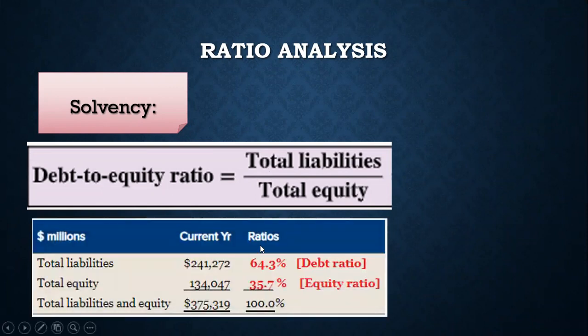So here, if we have total liabilities of 241 billion, we divide it by total equity of 134, and that would tell us the debt to equity ratio. So 64% of our assets is tied up in liabilities, almost 36% tied up in equity.